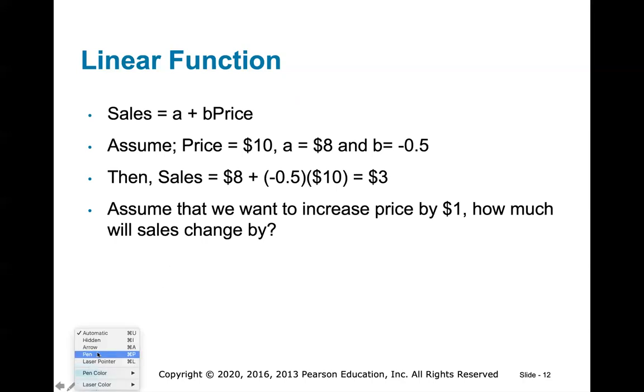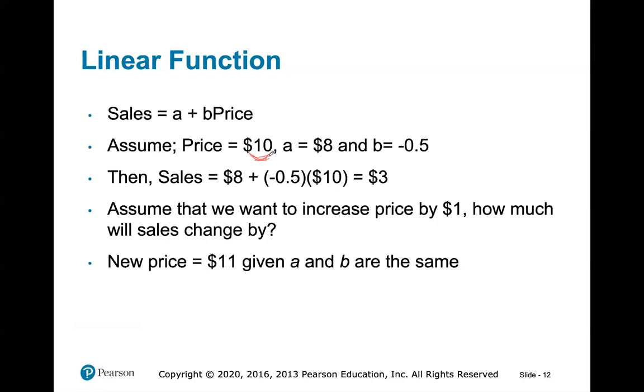Now, I have this model and I want to change my price from $10 to $11. How is my sales going to change? All I have to do is plug it back in. The new price is $11, and assuming that a and b are the same, my new sales is going to be $2.50.